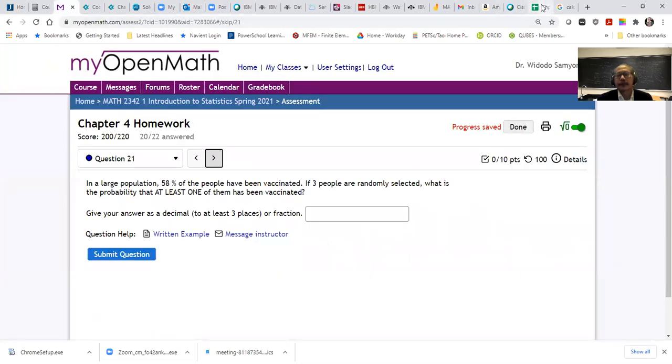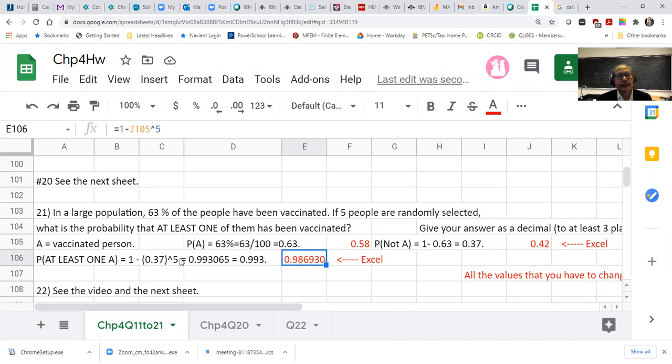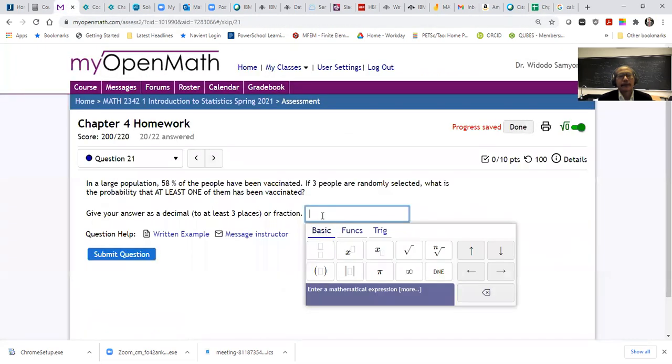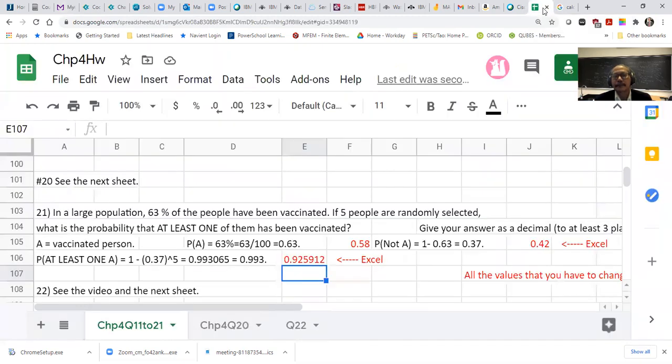So the answer is to the power of 3. Okay, so the answer is 0.92. It's 3 decimal places, right? Because this says at least, so you can copy everything.